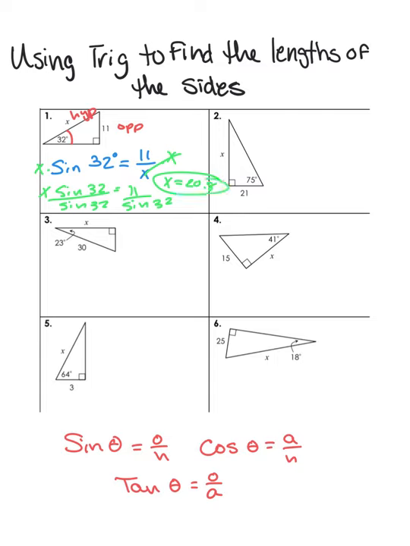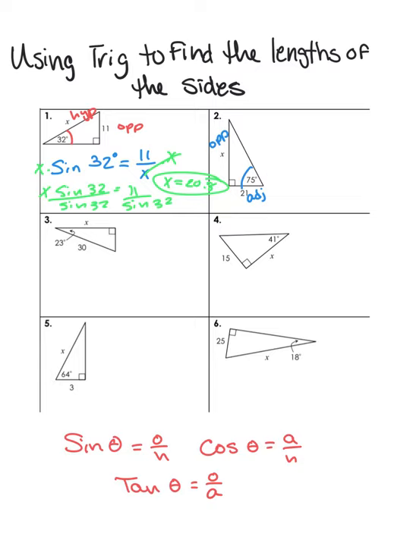For my next problem, I'm going to identify my triangle with opposite, adjacent, and hypotenuse based on my 75-degree angle. X is my opposite, 21 is my adjacent. The trig function that deals with opposite and adjacent is tangent.